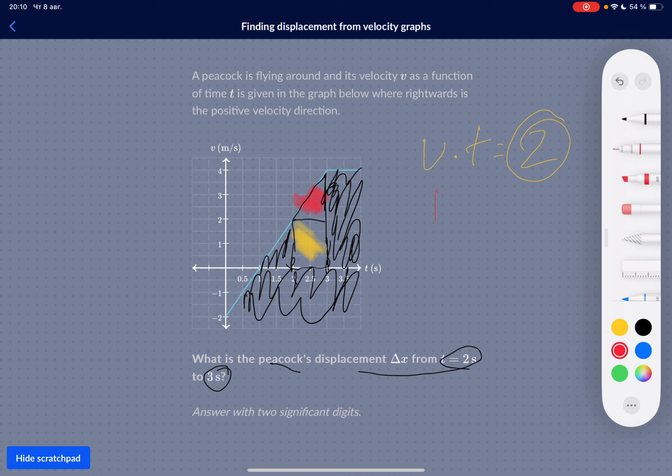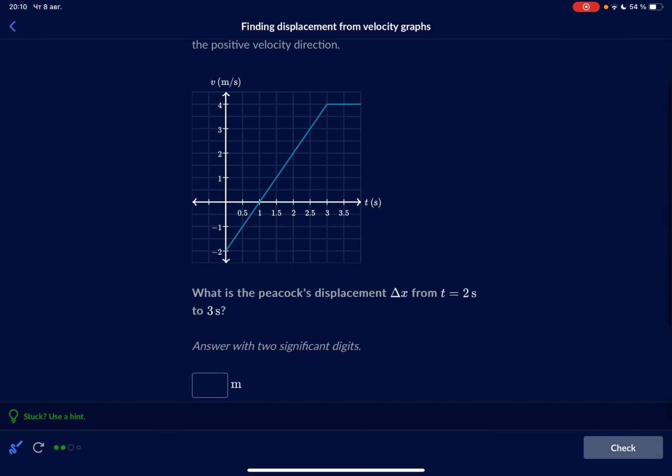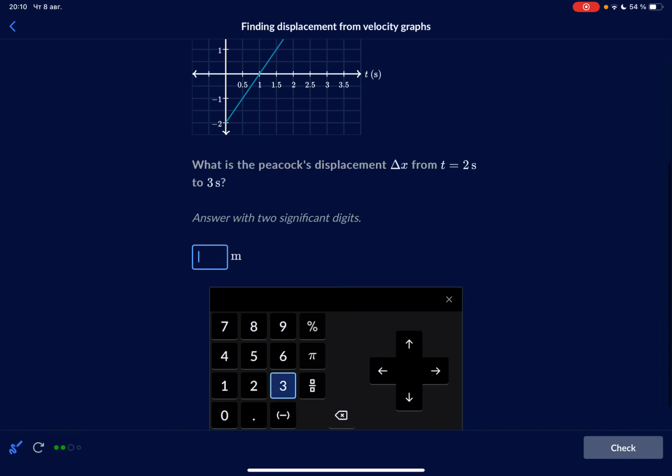So it would be velocity over time divided by 2. So 1 is time and 2 is velocity, so that would be 1. 2 plus 1, that would be 3. So yeah, that would be 3.